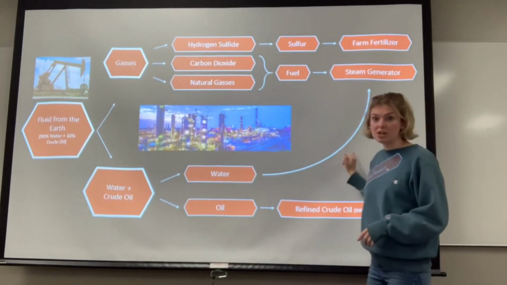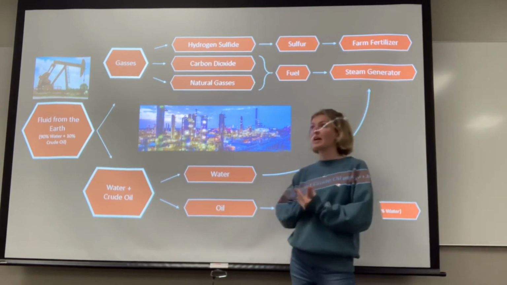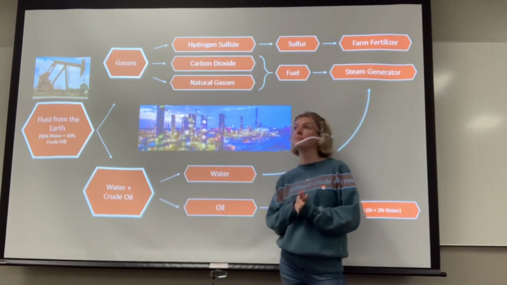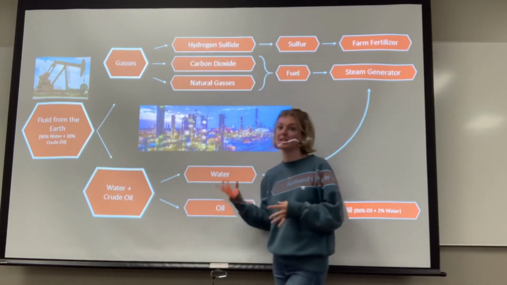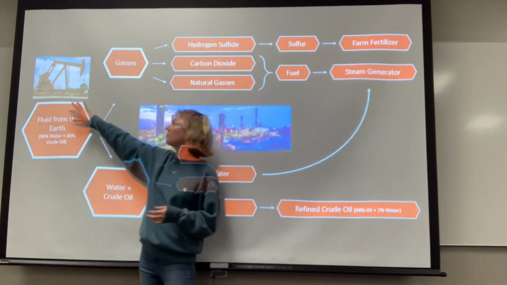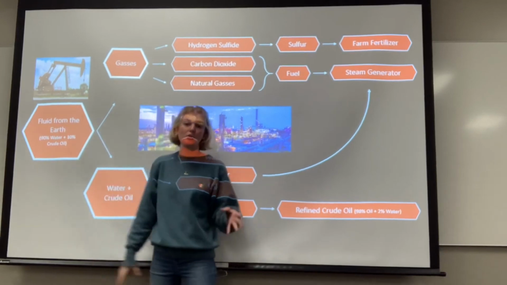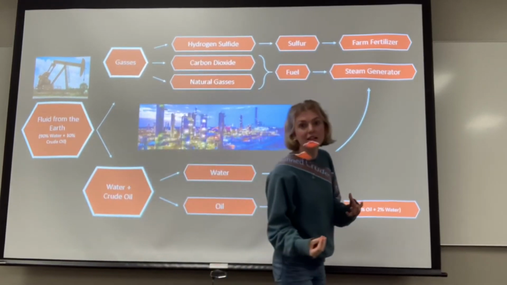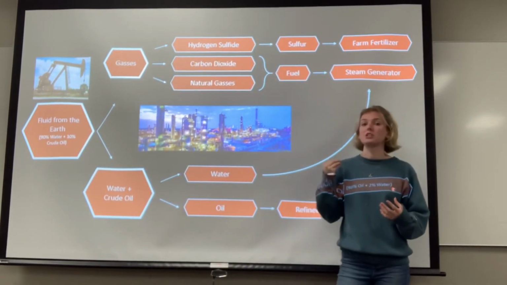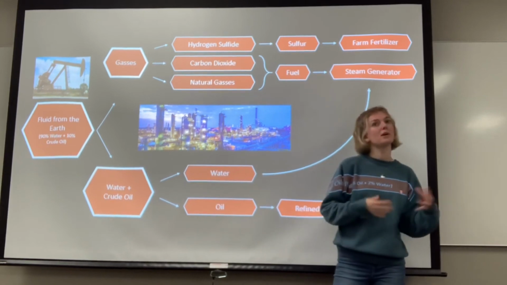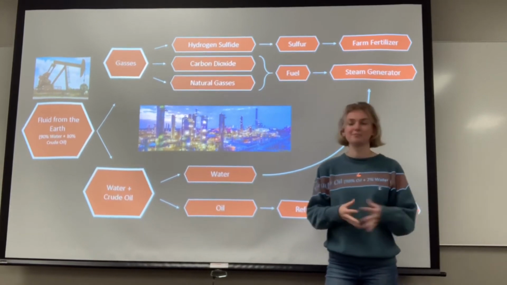Now, what the steam generators do is they produce steam, and that steam is sent down the wells and heats the petroleum, the raw liquid that is in the earth, to help extraction be smoother because it's heated up and so it's more liquidy.